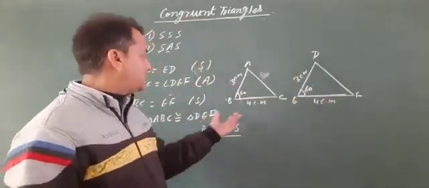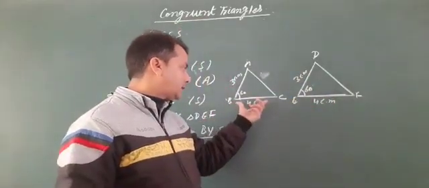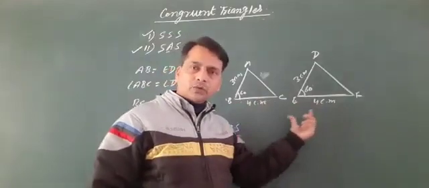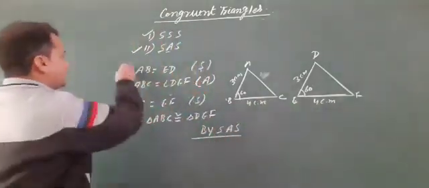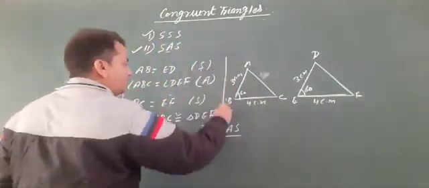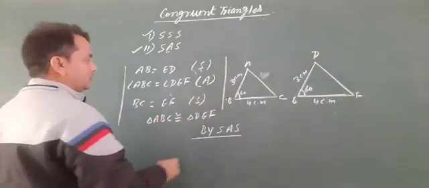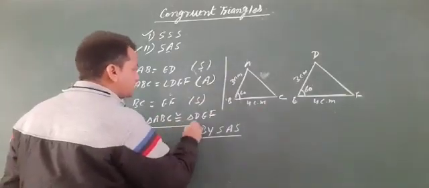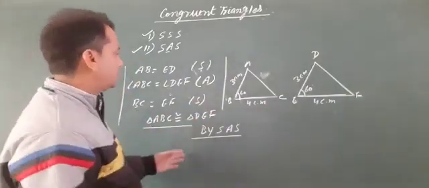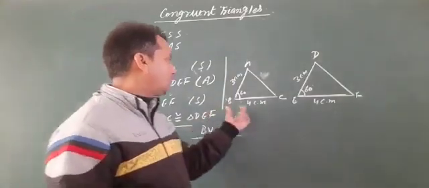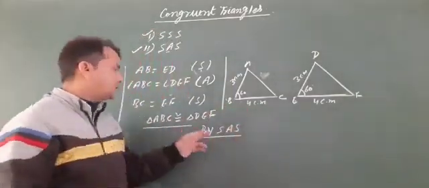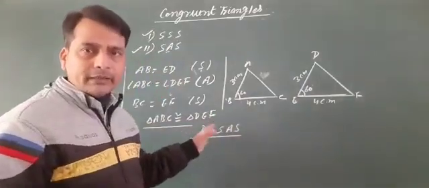We can see that another side BC equal to EF. So these conditions are followed by both triangles, then the congruency rule applies here, side angle side. They are said to be congruent: triangle ABC congruent triangle DEF.